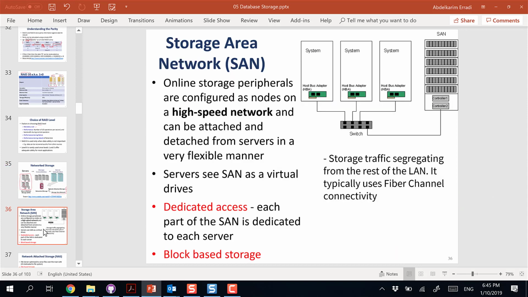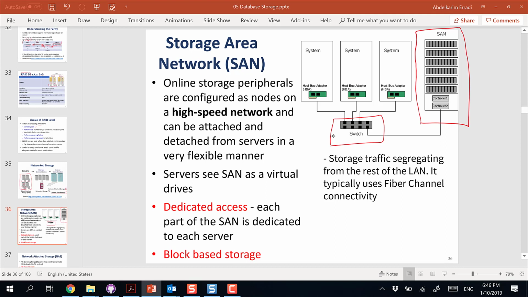So in a SAN, what we have is a dedicated storage server, and this dedicated storage server is connected with our servers using a special network, not the normal network. You have the SAN storage solution, and you have your servers, maybe Banner server, Blackboard server, ERP or SAP server, and so on.